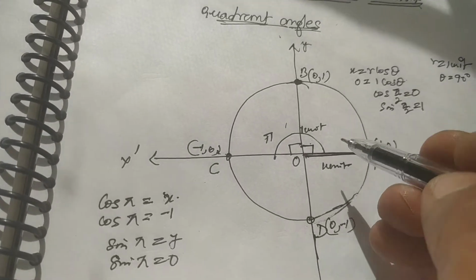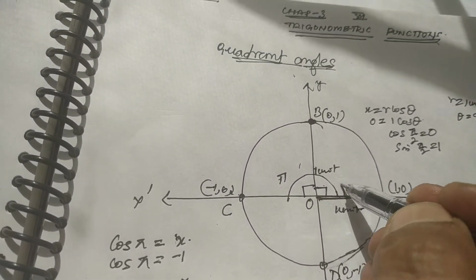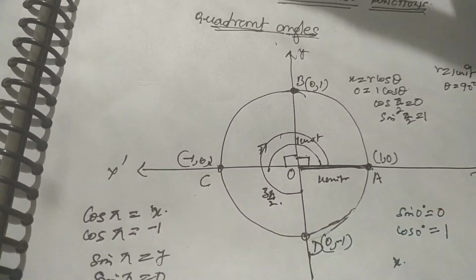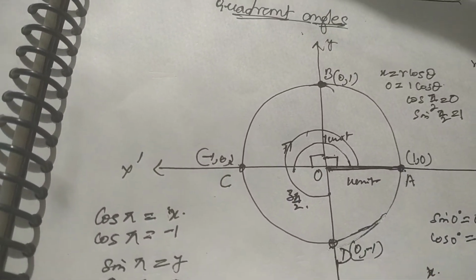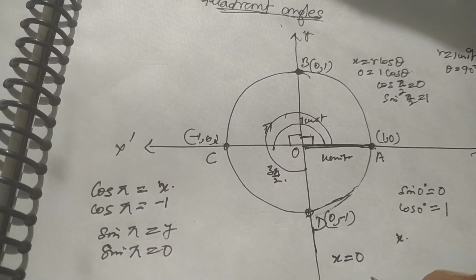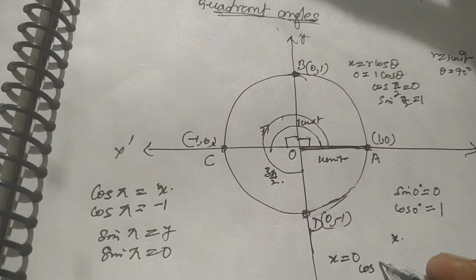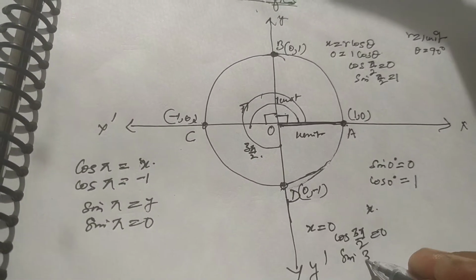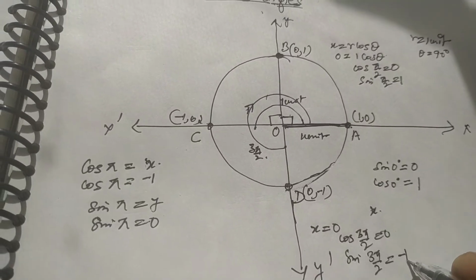Now if we move again, that is 3 pi by 2. Here x is equal to 0, so cos 3 pi by 2 is equal to 0, and sine 3 pi by 2 is equal to -1.